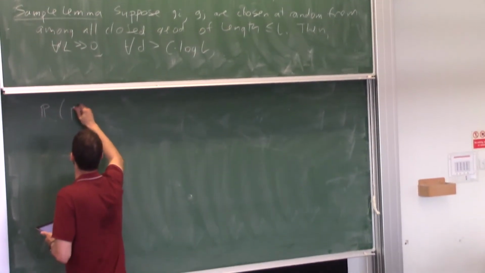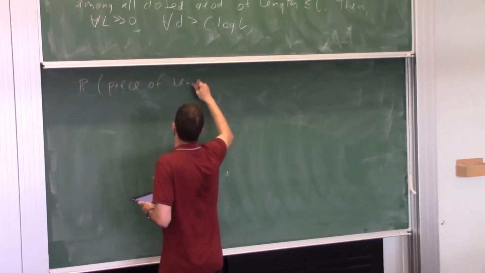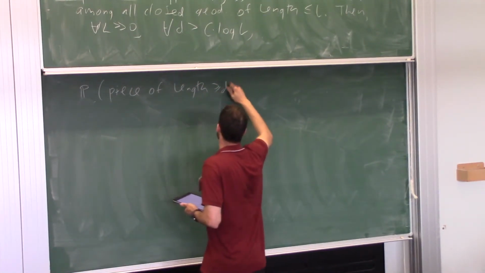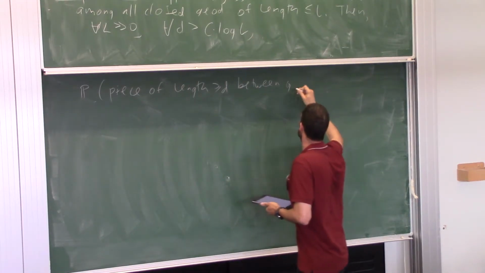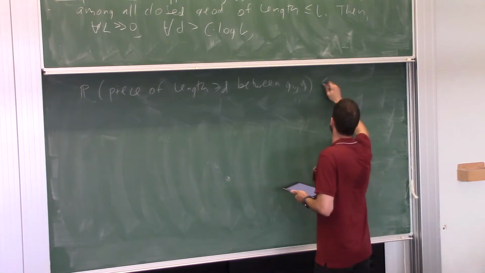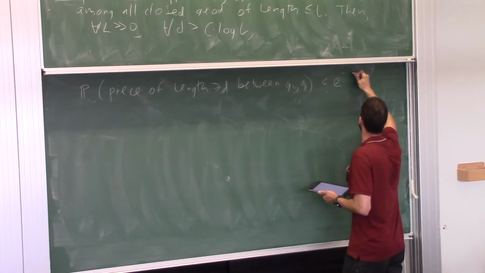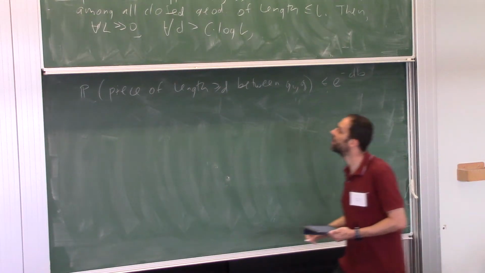The probability of a piece of length at least D between G_i and G_j is at most e to the minus D times the growth rate.